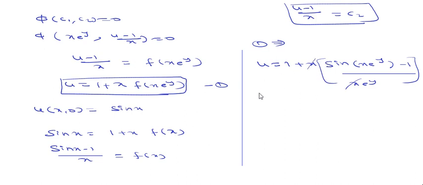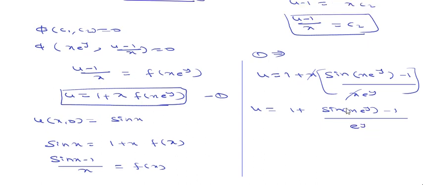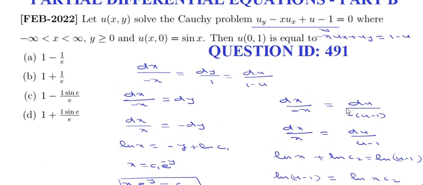So this x we can cancel. Therefore our u is u equal to 1 plus sine of x e power y minus 1 divided by e power y. We need to find u(0, 1).